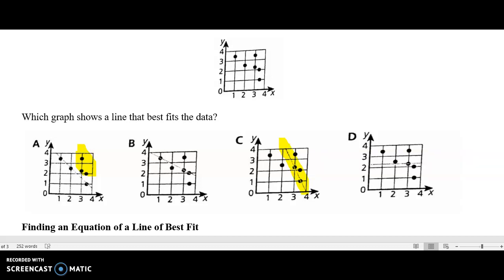It's closer. Here, we've got 2 above and 2 below, so that's pretty even, but is it following the trend of where these dots are going? No. B would be the correct answer. It's following the trend of where these dots are heading.